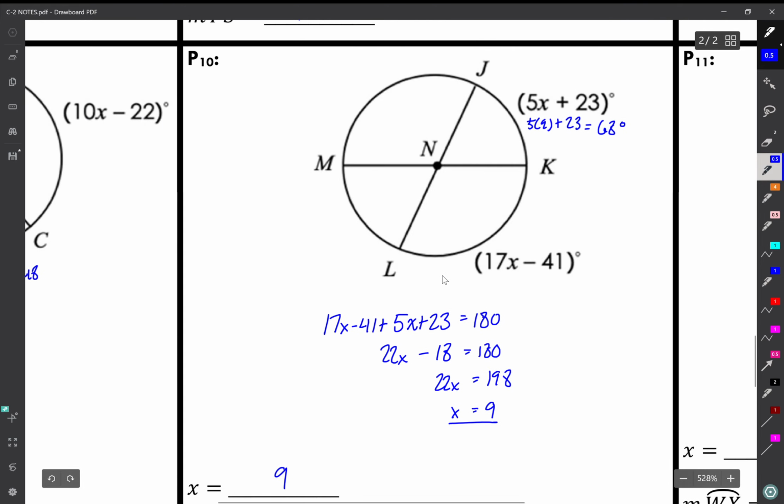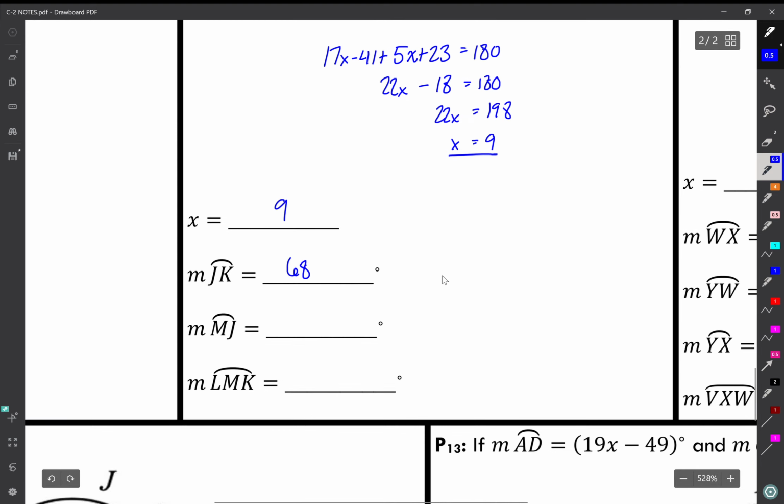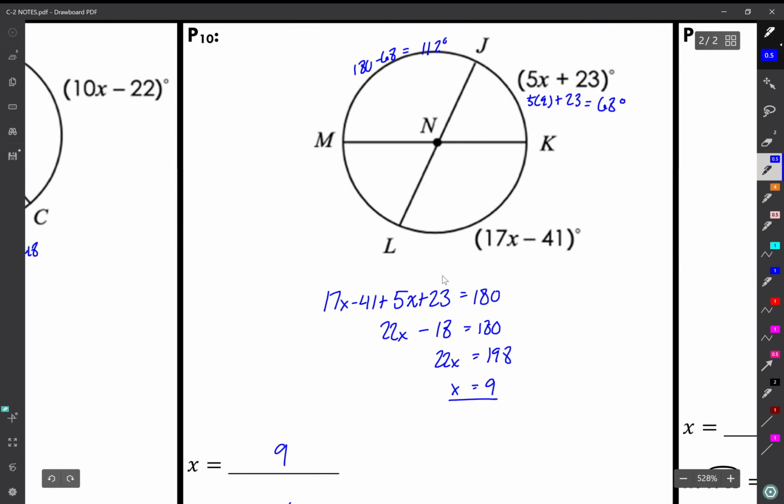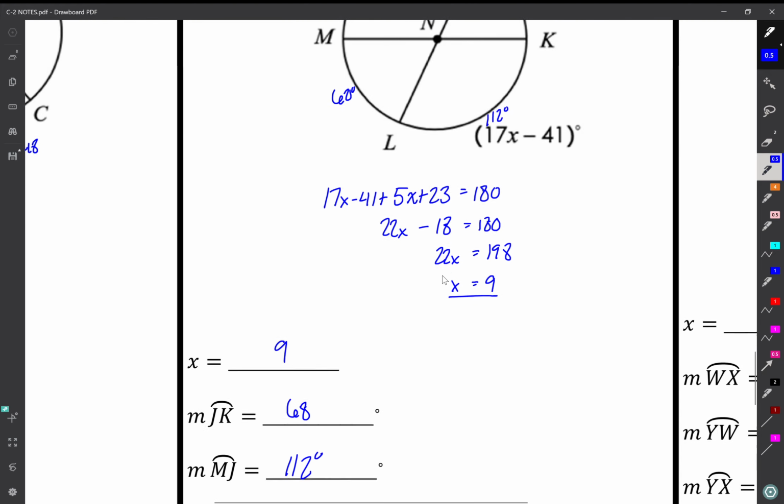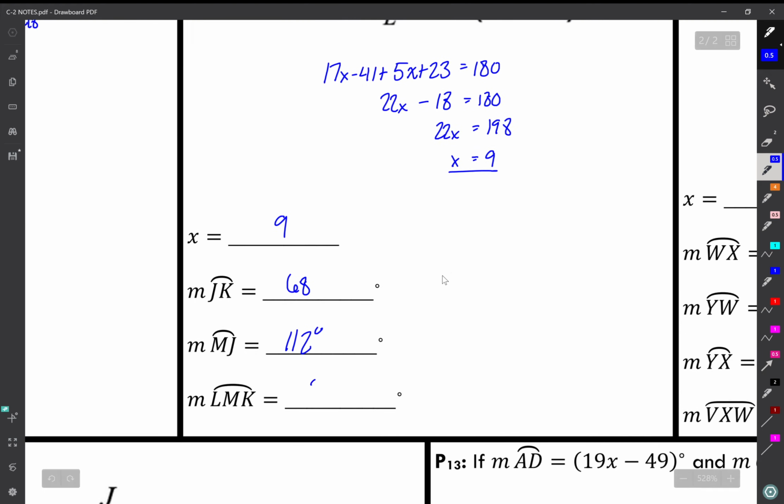Now MJ would just be 180 minus 68, which is 112. And then LMK will be, let's see, LMK. So we're going to do 360 minus this 112, which is, drumroll, 248 degrees.